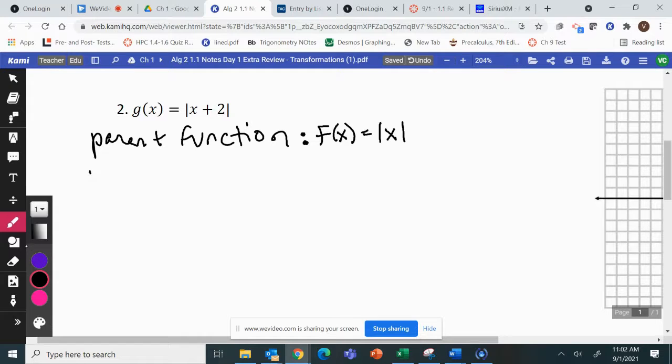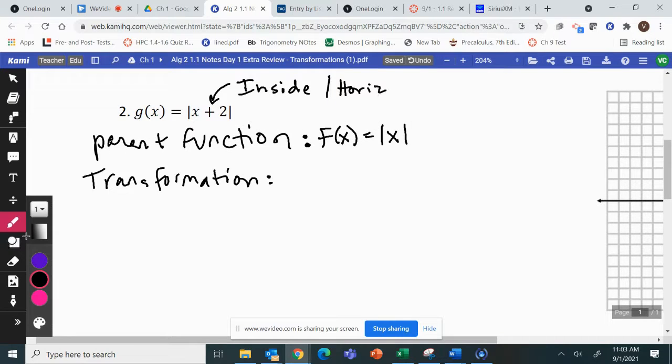So now what transformation has happened to change just absolute value of x into absolute value of x plus 2? Is this inside or outside? This is inside, right? So if it's inside, my choices are, well, it's horizontal.